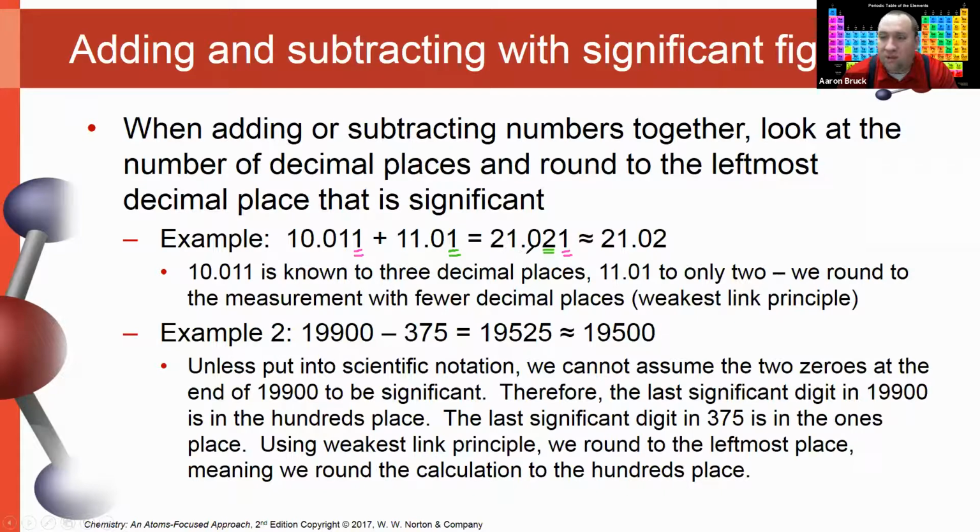Our weakest link principle tells us that we are going to round to the leftmost decimal place that has an uncertain digit in it. That would be this 2. So using our rule of fives, 1 is less than 5, we're going to round down. 21.02 is our answer.